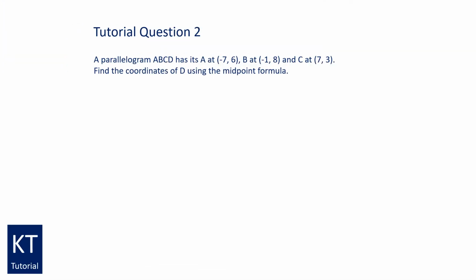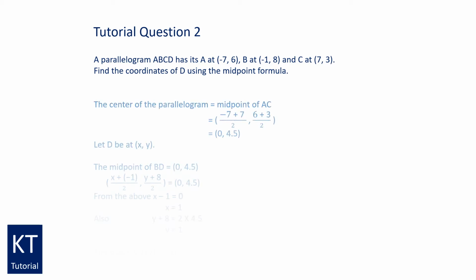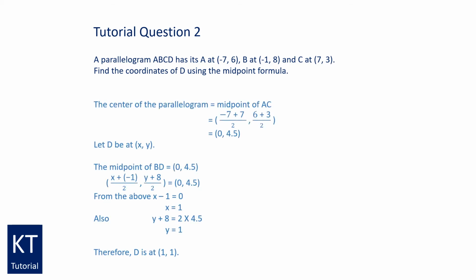Tutorial question 2. A parallelogram ABCD has its A at (-7, 6), B at (-1, 8), and C at (7, 3). Find the coordinates of D using the midpoint formula. For this question, the center of the parallelogram is the midpoint of AC.